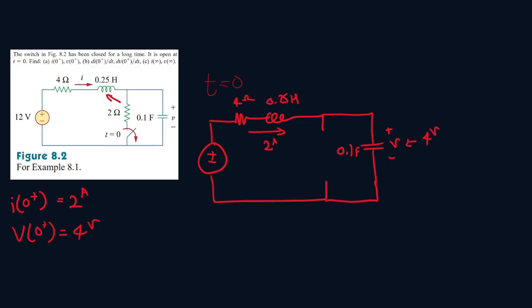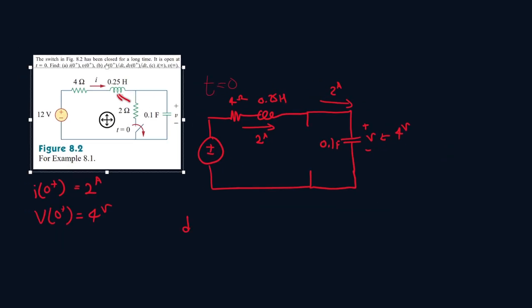Okay, so that means, and we see these two wires are connected together, so the current passing through here is also 2 amps. Now we're told to find the following: di at 0 over dt and dv at 0 over dt.